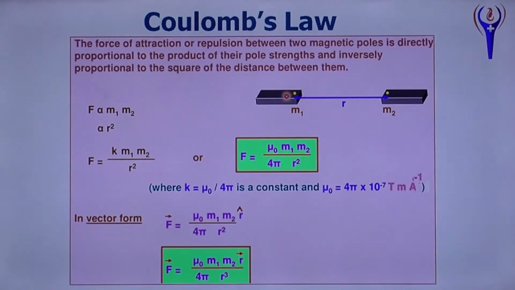And each magnet's force is the product of the pole strengths, M1 into M2. F is proportional to M1 into M2, the product of the pole strengths, and inversely proportional to R square, that is 1 by R square.